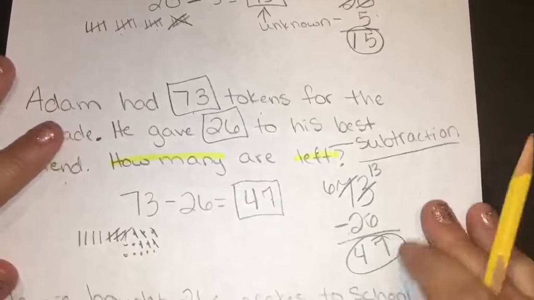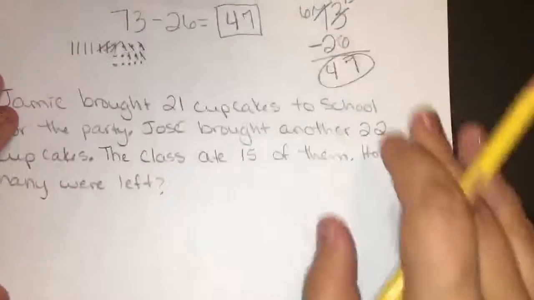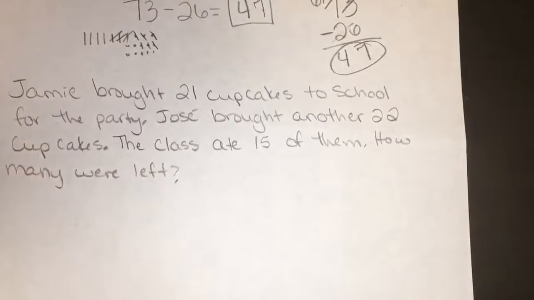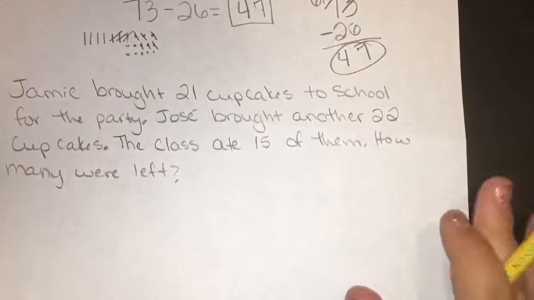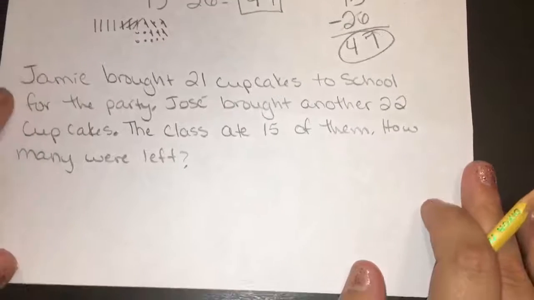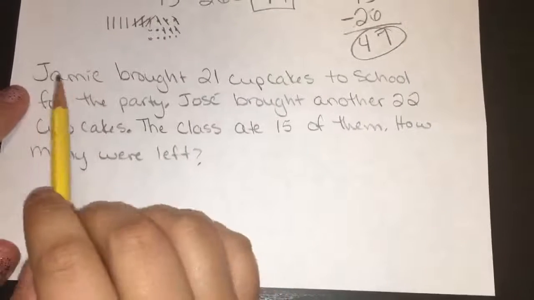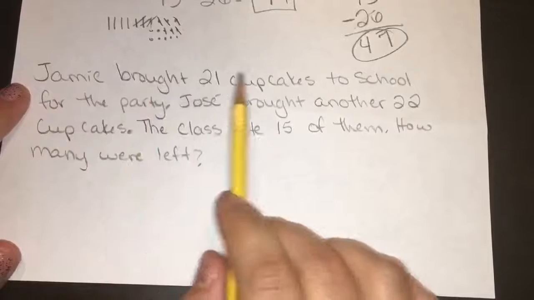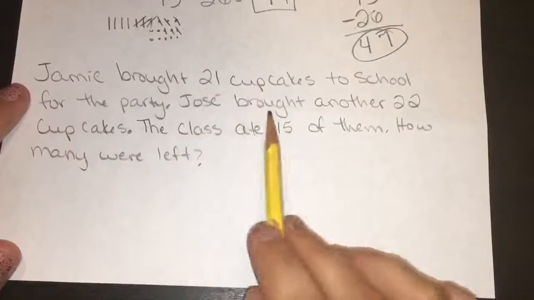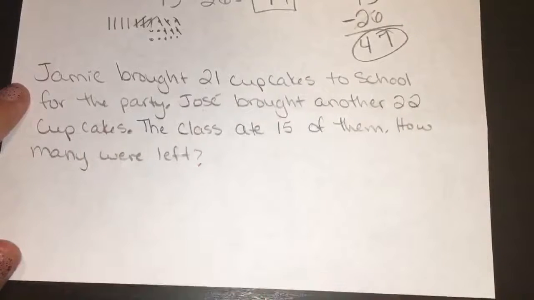Now let's take a look at two-step problems using addition and subtraction. These can be a little trickier because you have to do more than one set of equations. Jamie brought 21 cupcakes to school for the party. Jose brought another 22 cupcakes.